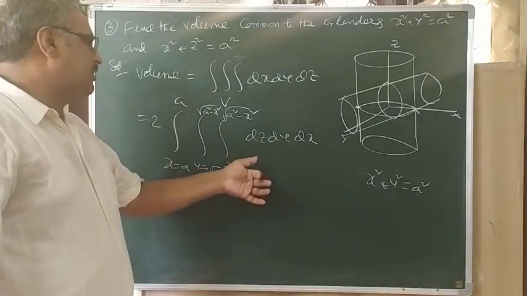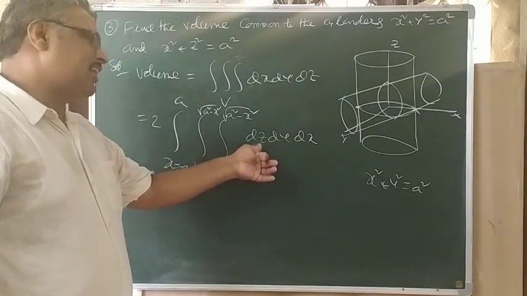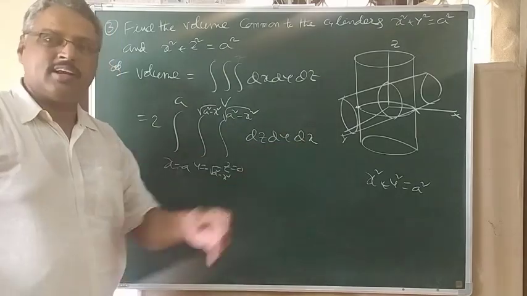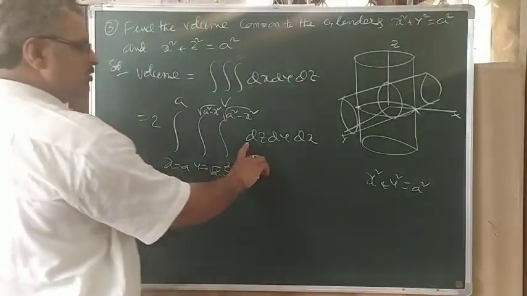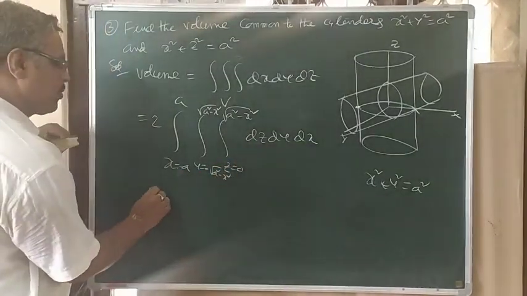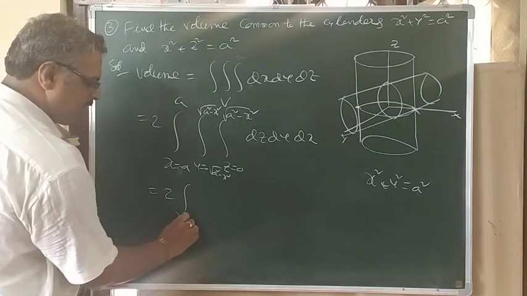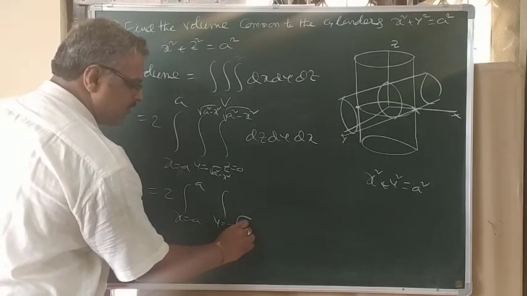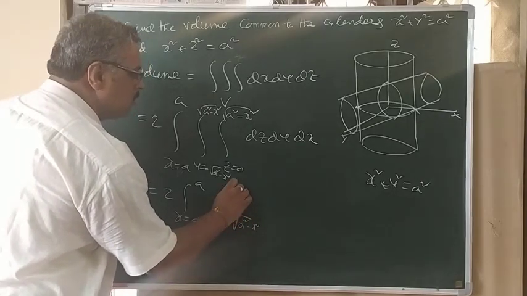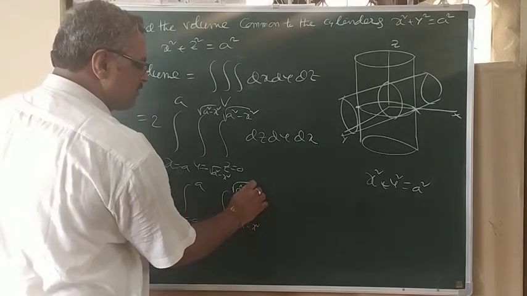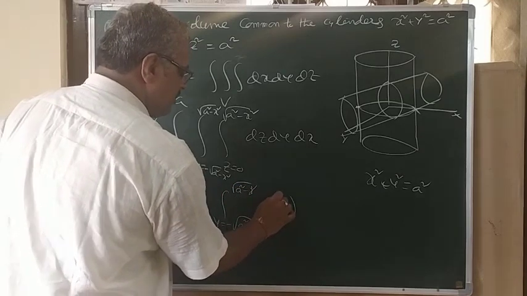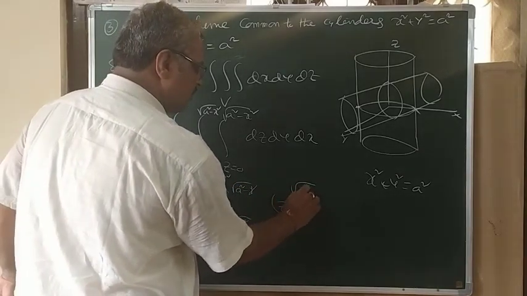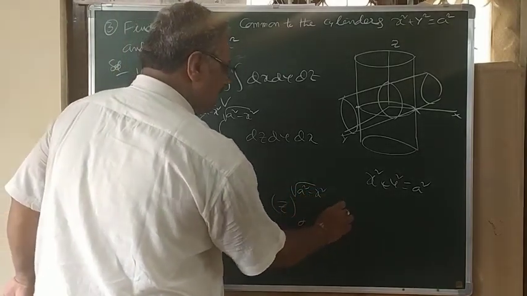Now first integrate with respect to z, then integrate with respect to y, then integrate with respect to x. Here there is no z term. So x is minus a to a, y is minus root over a square minus x square to root over a square minus x square, and the z limit is root over a square minus x square, dy dx.